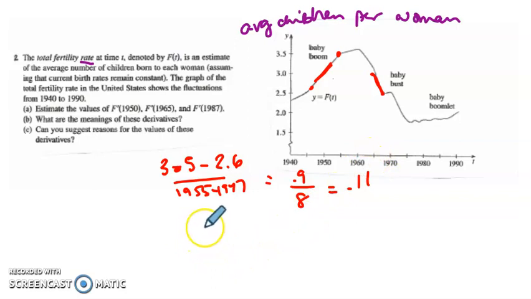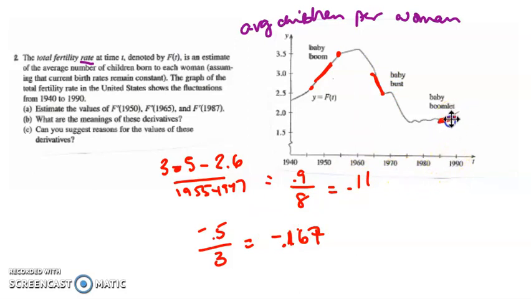So if I go down by 0.5 and to the right by 3 years, that's about 1/6, which is maybe 0.167. And I see your key says negative 0.3. Doing the best I can to read a very poor graph.